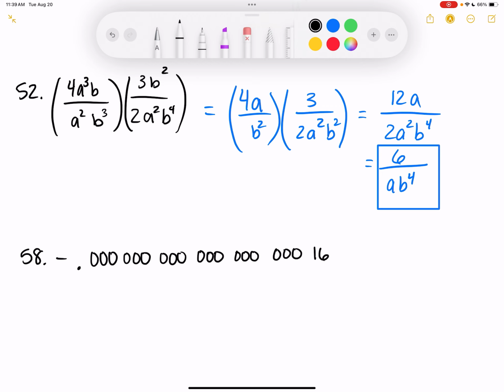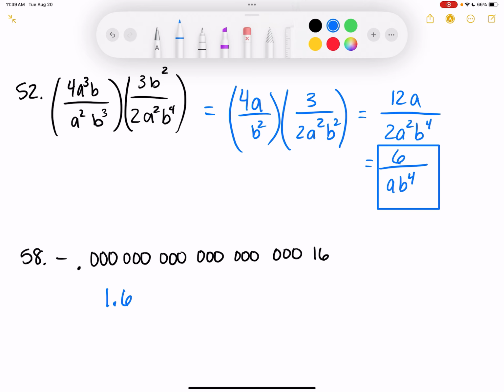You would say 1.6 and then negative 19. No. The 1.6 part's right, well, sort of. Times 10.